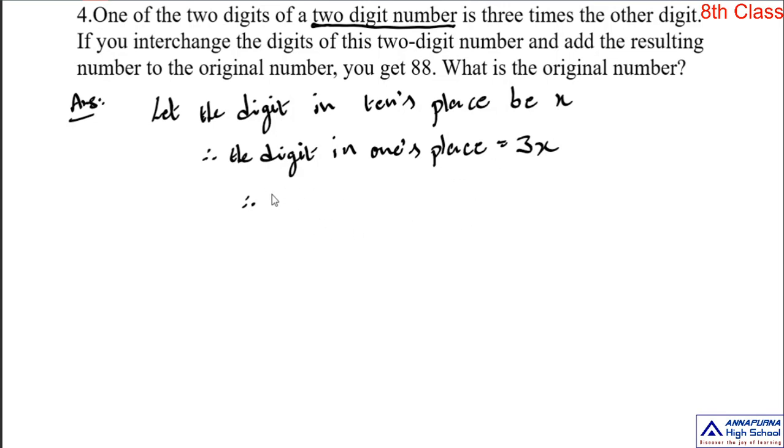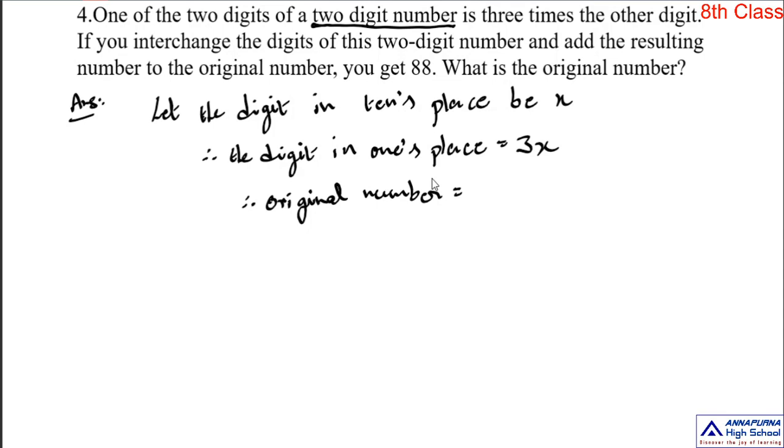Then what is the two-digit number? Therefore, the two-digit number here we take as the original number. What is that original number? Original two-digit number. Therefore, the original number is equal to... In the last problem we already discussed this point.